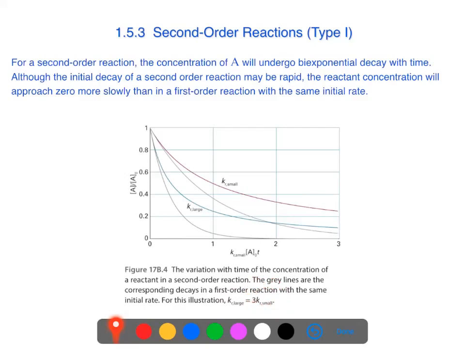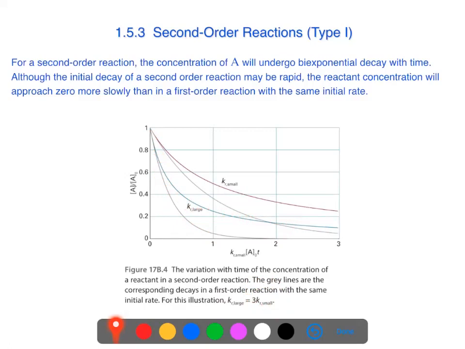And what you'll notice, especially with the K large set, is that for a first order reaction, we see an exponential decay that does approach 0 relatively more quickly than what we would observe with a bi-exponential decay. Although initially the rates are both decaying quite quickly, it's at longer times that we see a much slower decay of the concentration of A with time.